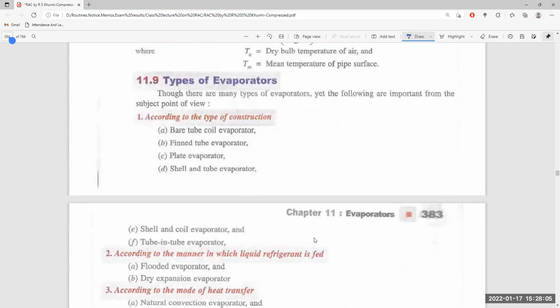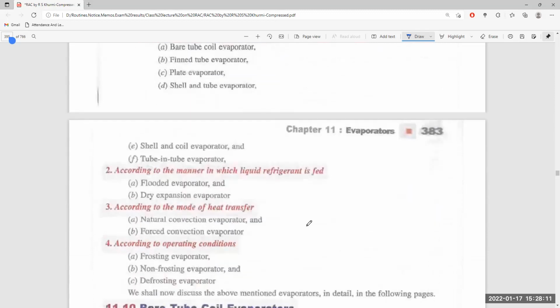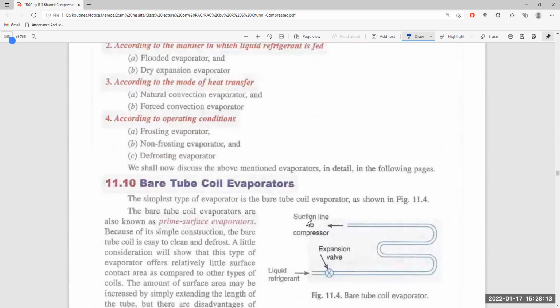According to the manner in which the liquid refrigerant is fed, there are flooded and dry expansion evaporators. According to the mode of circulation, there are natural convection evaporators and forced convection evaporators. According to operating condition, there are frosting evaporators, non-frosting evaporators, and defrosting evaporators.